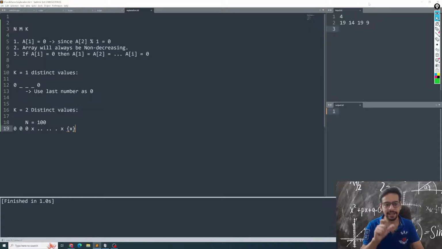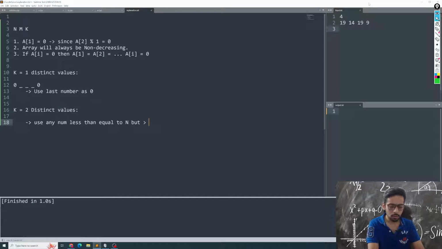So if you select any number on the last index which is less than or equal to n, it will always give you two distinct values. So all the numbers from 1, 2, 3, 4, so on till n minus 1 and then n will give you two distinct numbers exactly.